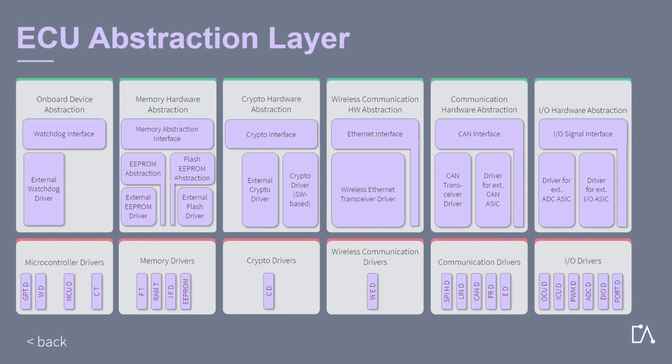In this case the SPI handler driver, ADC driver and DIO driver are used. The main task of this group is to represent input-output signals as they are connected to the ECU hardware. These signals could be for example current, voltage or frequency. Furthermore the layer hides ECU hardware and layout properties from higher software layers.